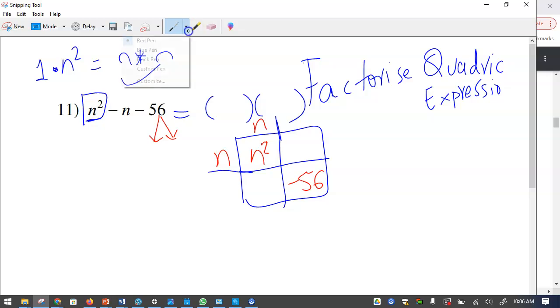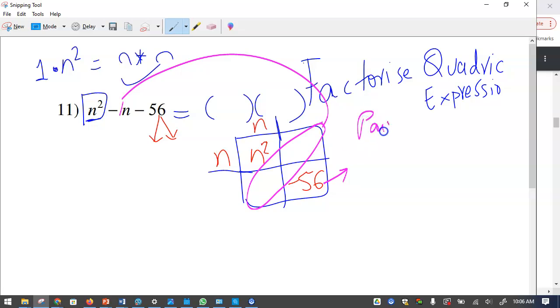Now we need to figure out what the two terms are that add up to minus 1 here. There's a minus 1 here. So all you do is split this 56 into pairs of factors.